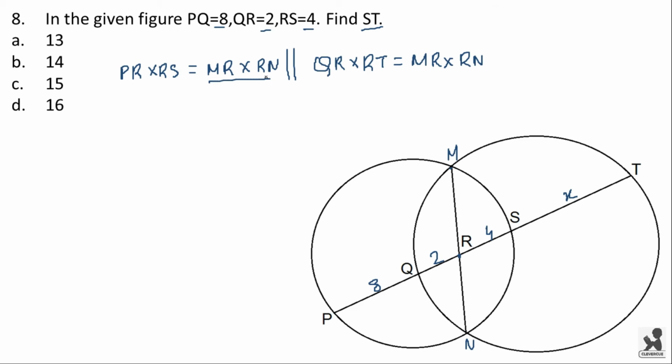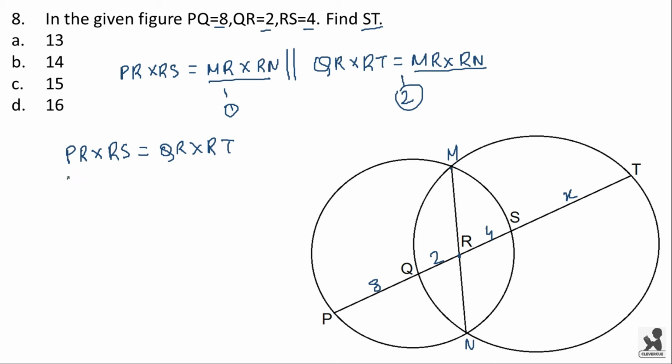Now if you can see, MR into RN and MR into RN are in both equations. If we name these 1 and 2, and compare them, we get that PR into RS is equal to QR into RT.